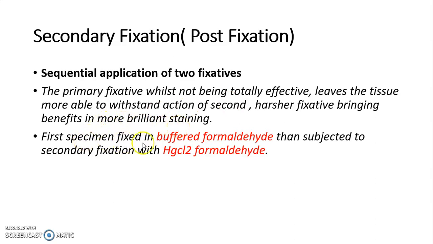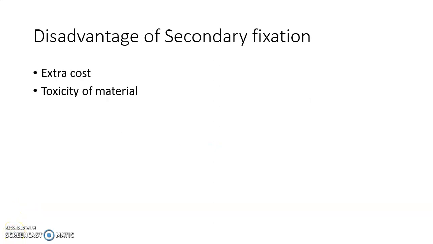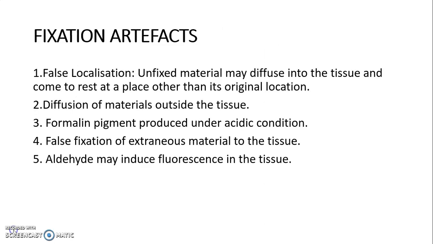So first the specimen is fixed in buffered formaldehyde, then subjected to secondary fixation with HgCl2 formaldehyde. The disadvantage of secondary fixation is the extra cost required and the toxicity of the material used. Mercury is used, so it is toxic.